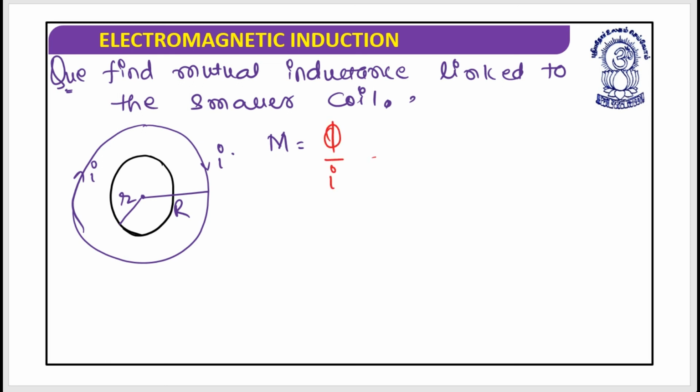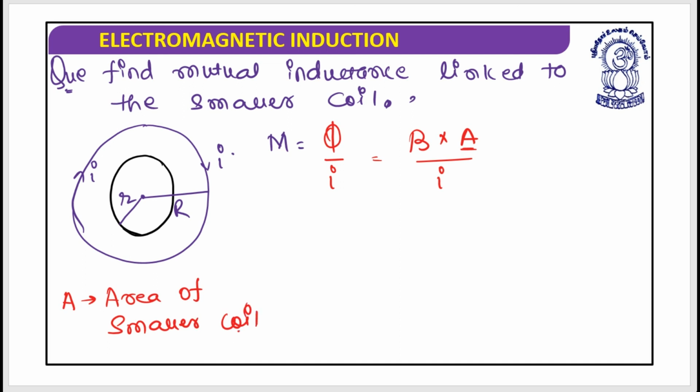When I write phi, I must understand it's B into A divided by I. When I write area, I must understand this is the area of the smaller coil.